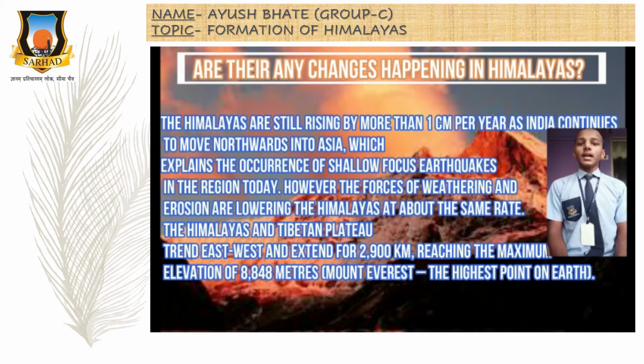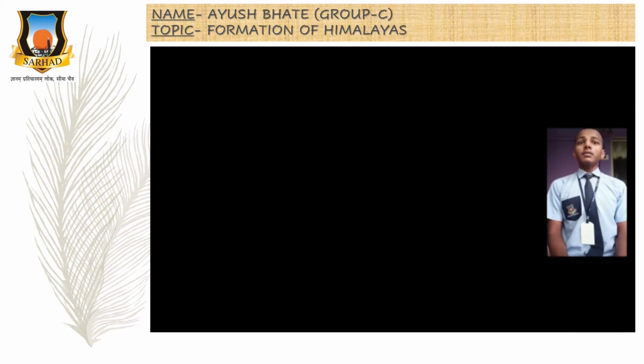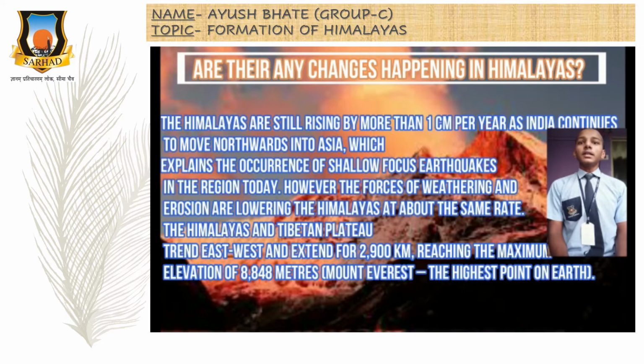The Himalayas and Tibetan plateau trend east to west and extend for 2,900 km, reaching the maximum elevation of 8,848 meters, and the Himalayas are the largest mountains on the earth.